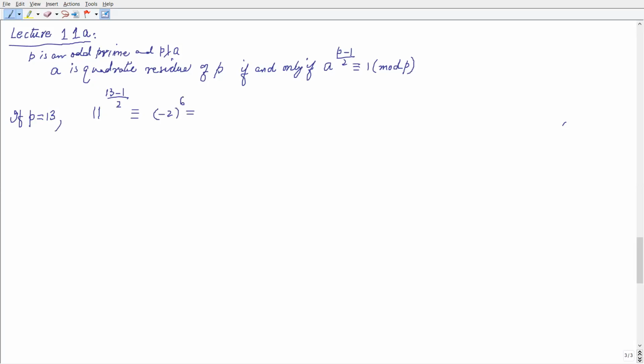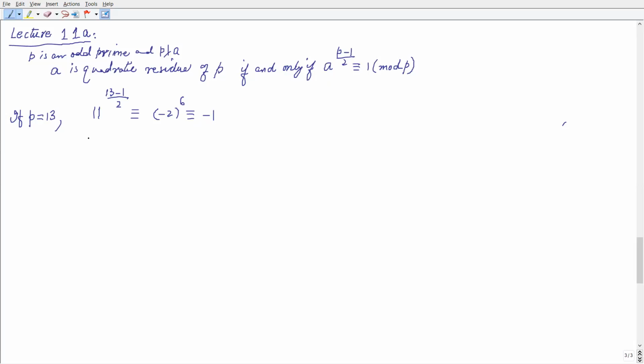So minus 2 to the power 6 is 64, and 64 is minus 1 modulo 13. So 11 to the power (13 minus 1) by 2 is minus 1, so 11 is not a quadratic residue of 13.